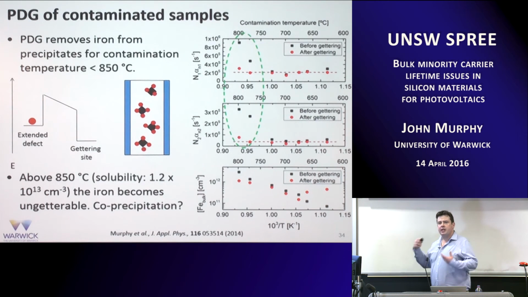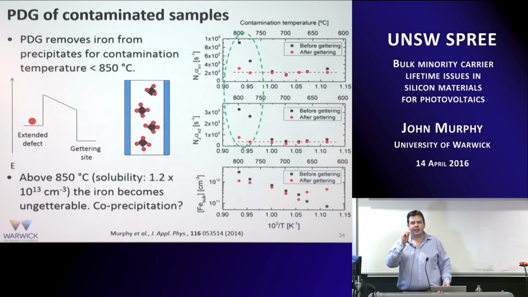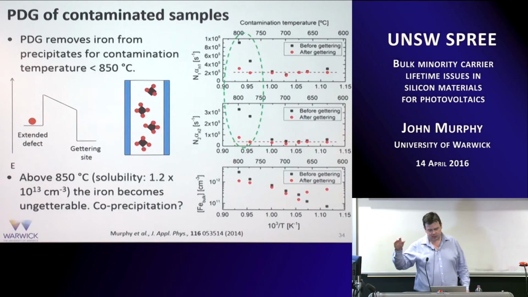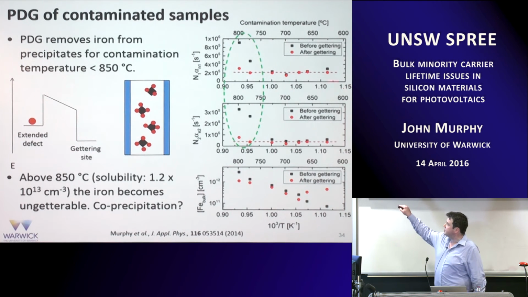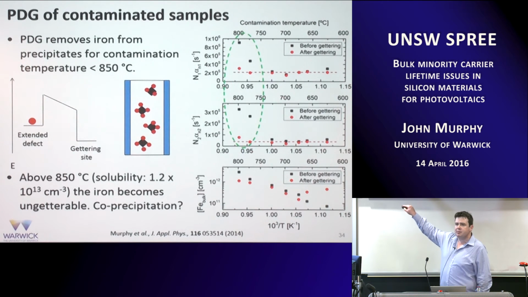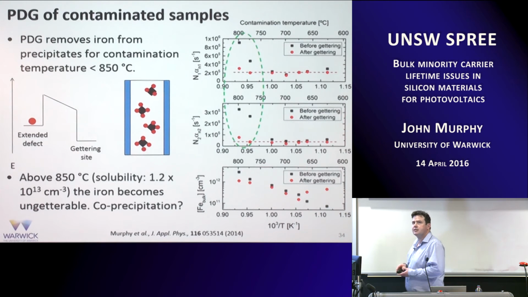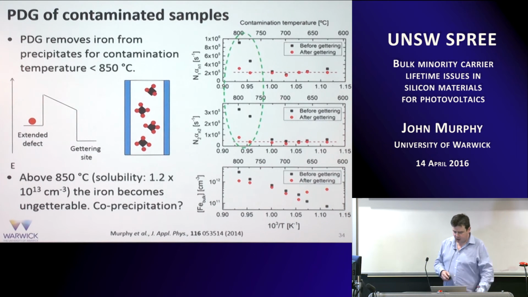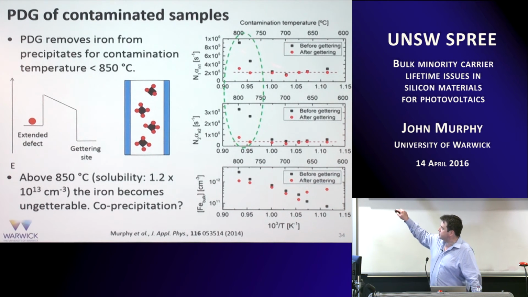And so if there's iron in the material, we can generally getter it away from the oxide precipitates to some extent. But there does seem to be some residual recombination that stays there, so perhaps there's more stable sites around the precipitates that will always retain iron, but certainly a lot of the iron that's at the precipitates at the high temperature contaminations can be removed.